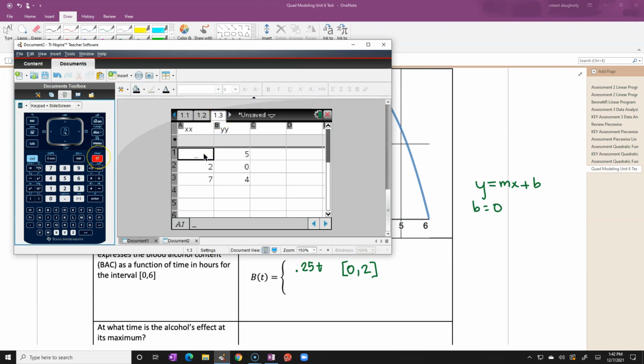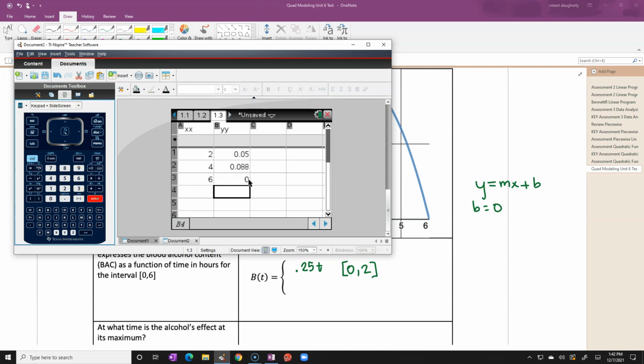So those points would be at 2, 0.5, and at 4, 0.88, and at 6, 0.